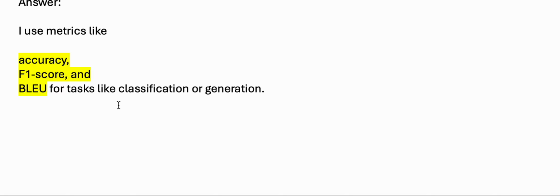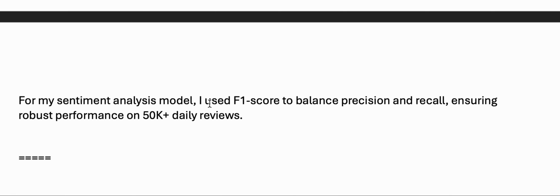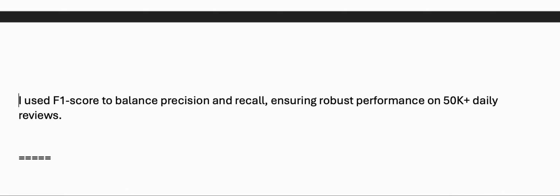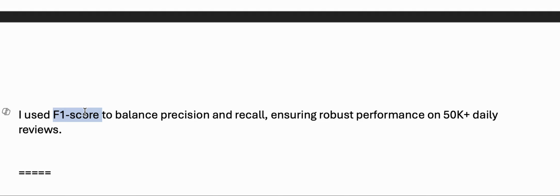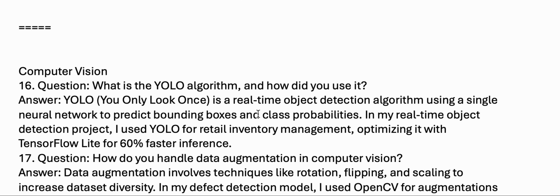For my sentiment analysis model, I used F1 score to balance precision and recall, ensuring robust performance on 50K plus daily reviews.